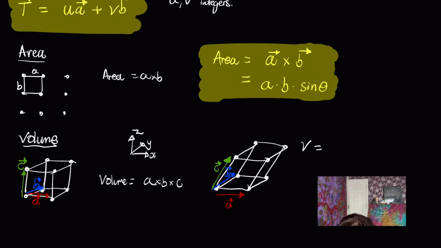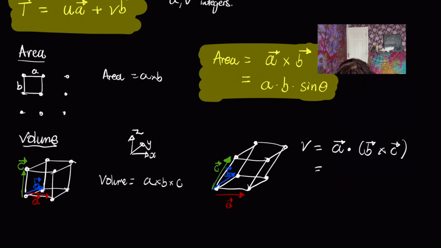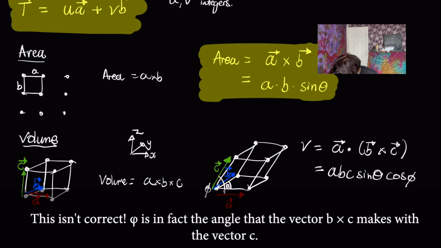And the triple product can be written in terms of A, B, and C as A dotted with B crossed with C right here. And you could actually write this out if you wanted to, although I don't normally see this being done, as A, B, C times sine of theta, where theta is the angle between A and B, multiplied by cos of phi, where phi is the angle between A and C. So obviously it's getting a little bit messy right here.